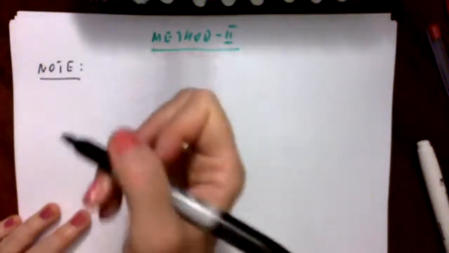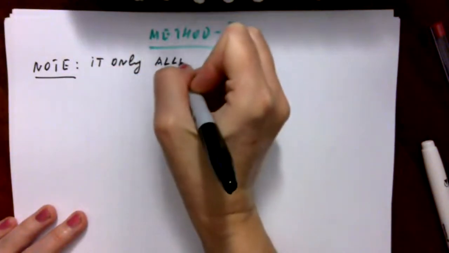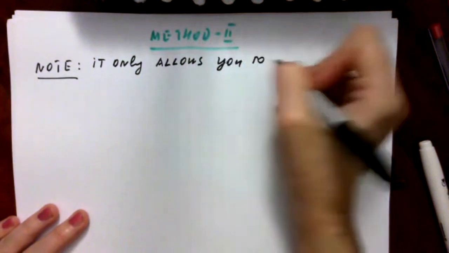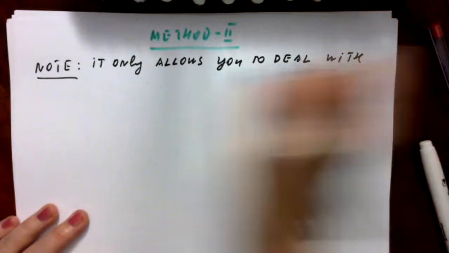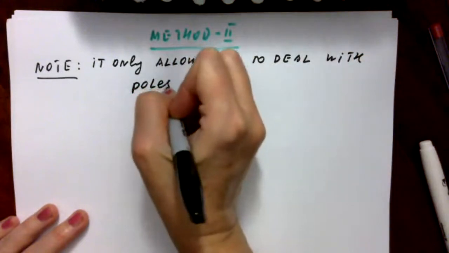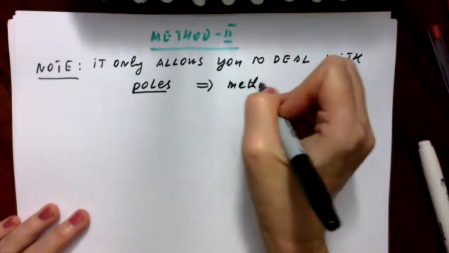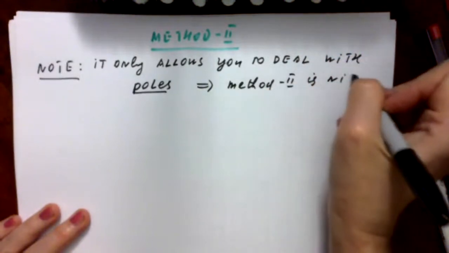So this particular method has some limitations. Let's write down this very important idea: it only allows you to deal with poles, of any order. So method 2 is nice, but limited.